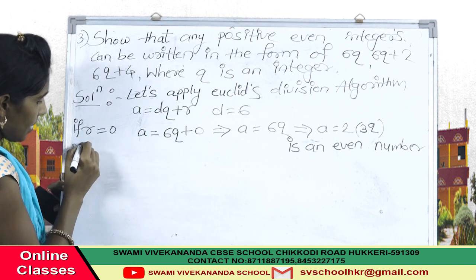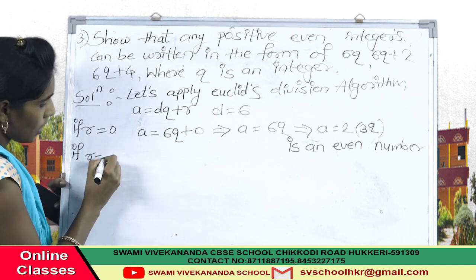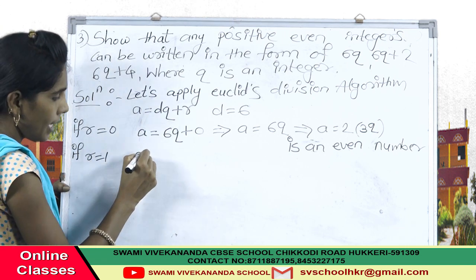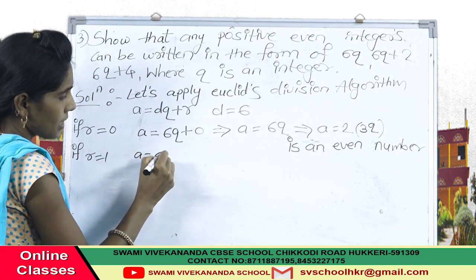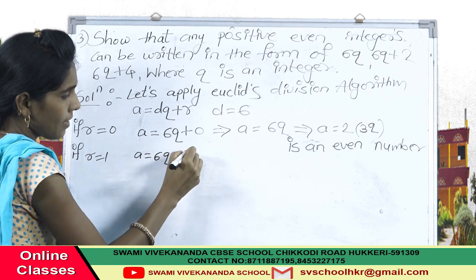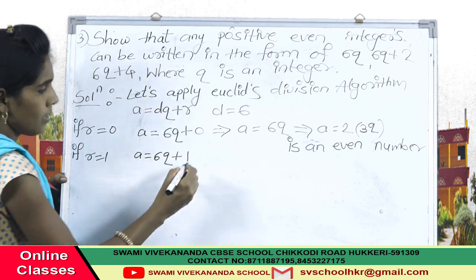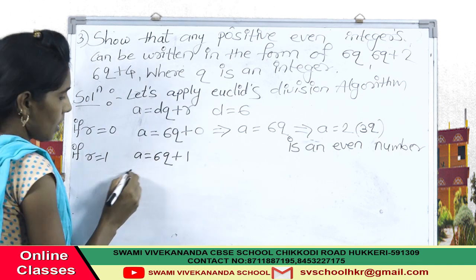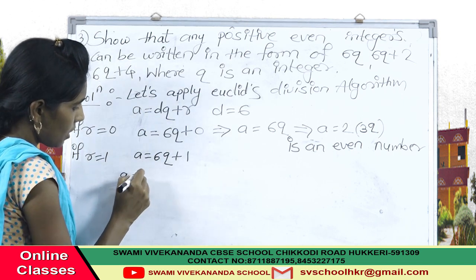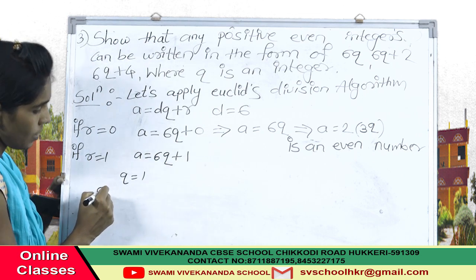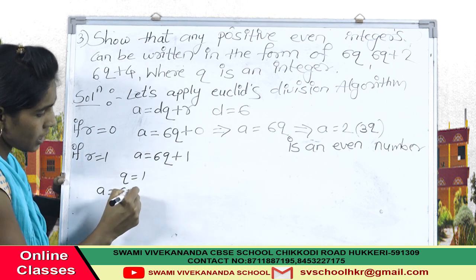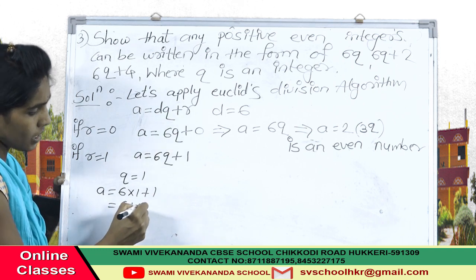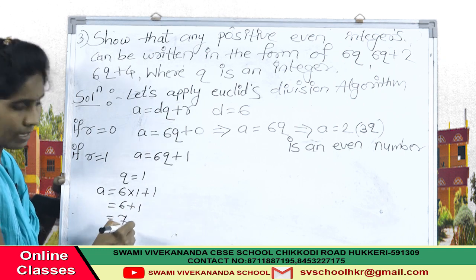Now if R is equal to 1, A is equal to 6q plus 1. We can't take anything common outside, so put q is equal to 1. A is equal to 6 into 1 plus 1, we get 7.